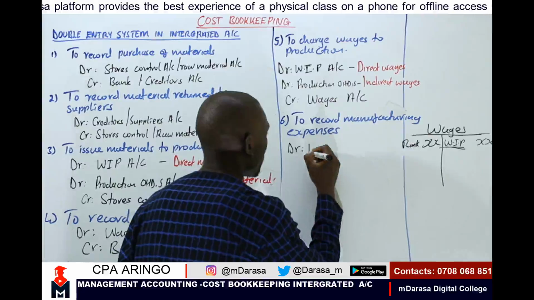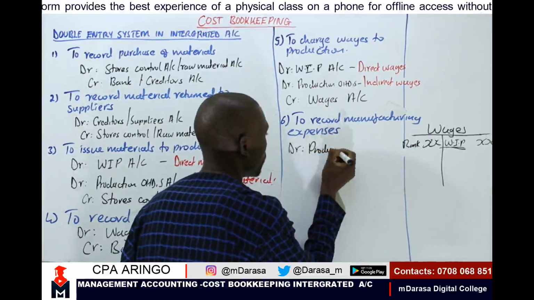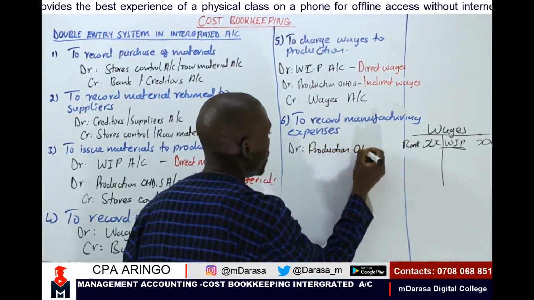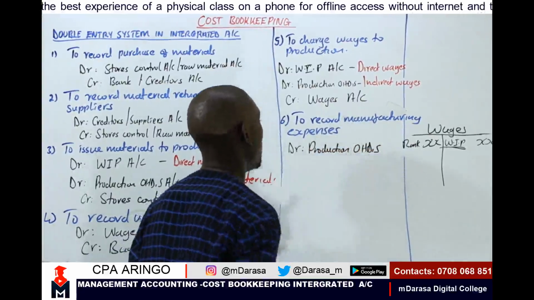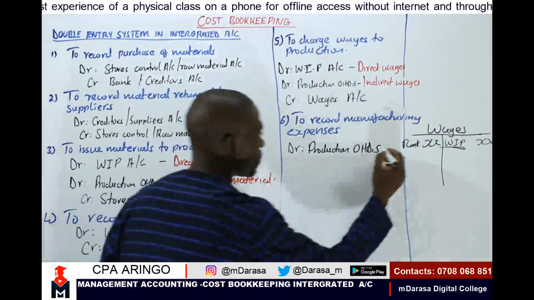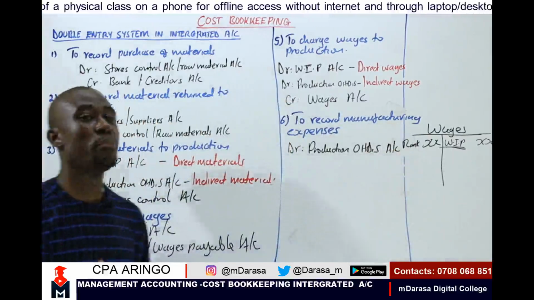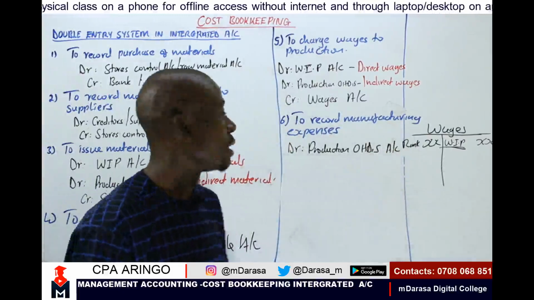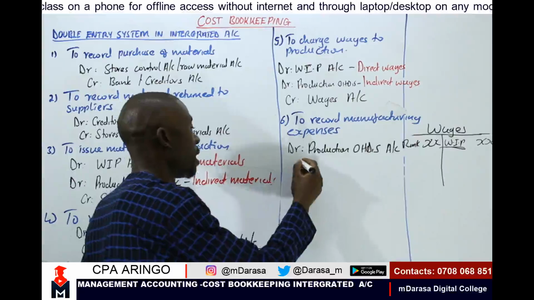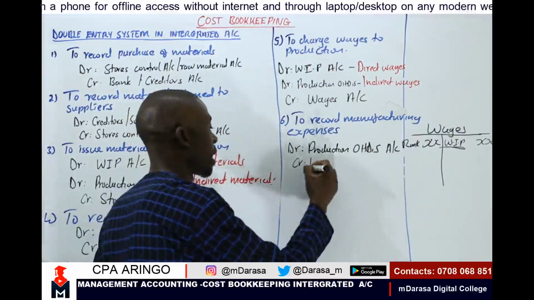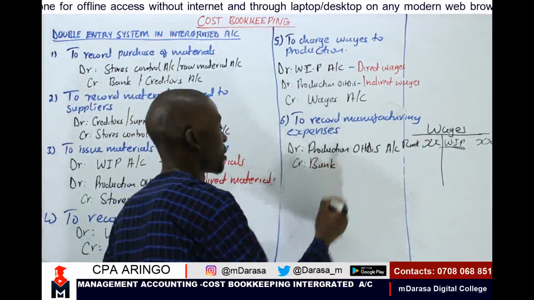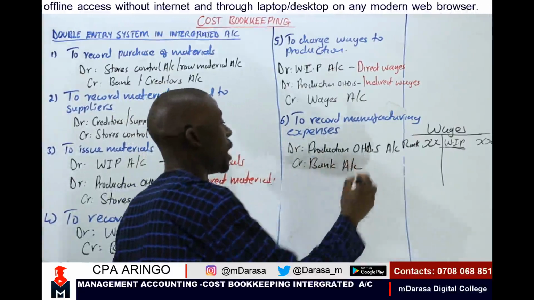So I'm going to debit our production overheads account. The question will be, where does this money I'm paying come from? Of course I'm reducing my bank account. These are expenses, so I'm reducing my bank account.